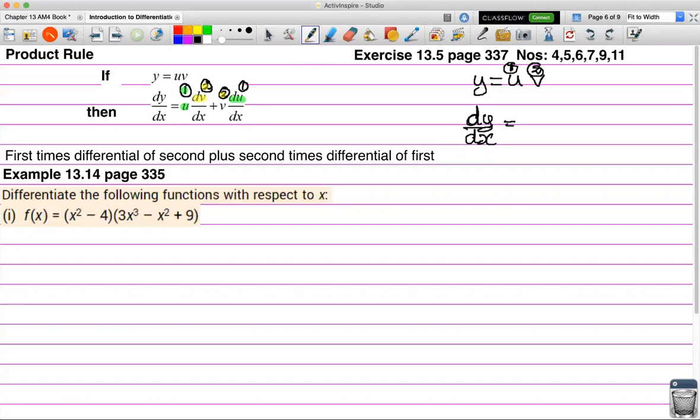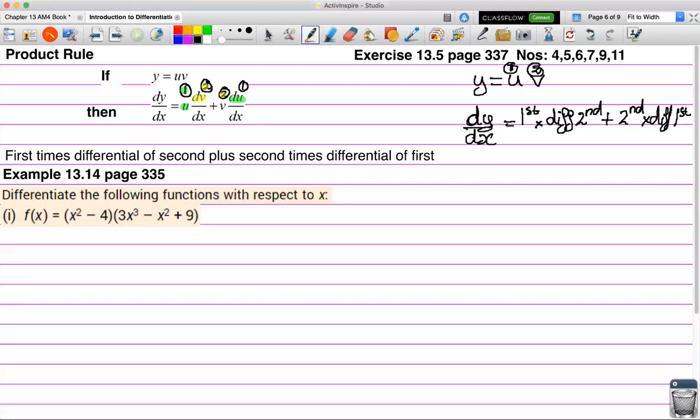So we end up with this abbreviation: the first times the differential of the second plus the second times the differential of the first.